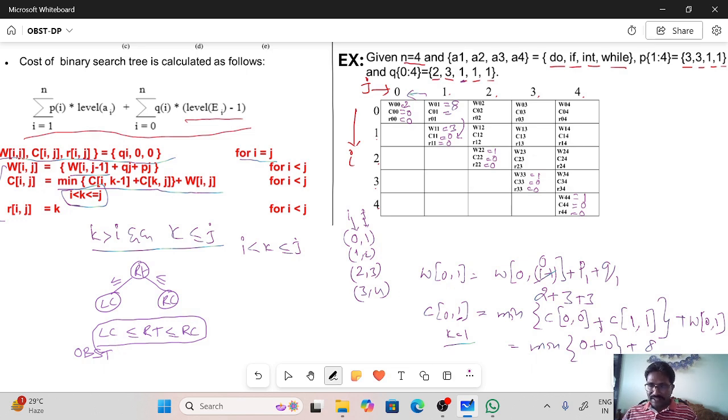Minimum of 0, 0 itself. So 0 plus 8, 8. So that is our cost. So now observe, this 8 is given by which k value? 1. So that is our R01 value. That is nothing but R of ij, the smallest k value. So that is nothing but 1.